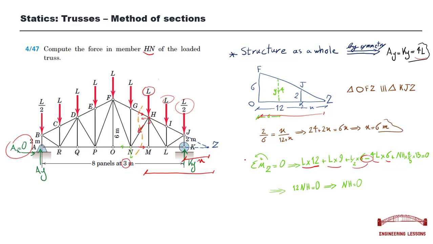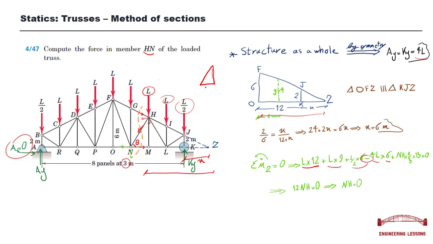Okay, in order to write the vertical component of the internal force of Hn, we need to know this angle theta, or similarly, if we know the side of this triangle, this one, we can determine the vertical component of this force.